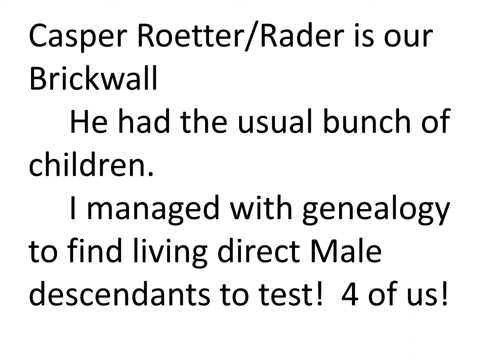So Casper Rader, or Roter as he spelled it, Reuter, is the brick wall. He had a bunch of children, and I managed with genealogy to find direct male descendants to test, 4 of us.